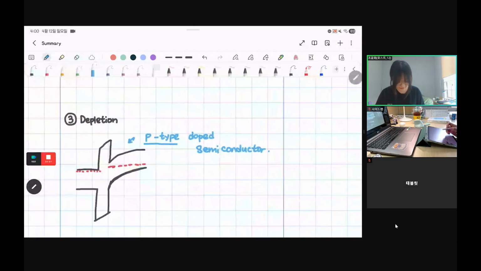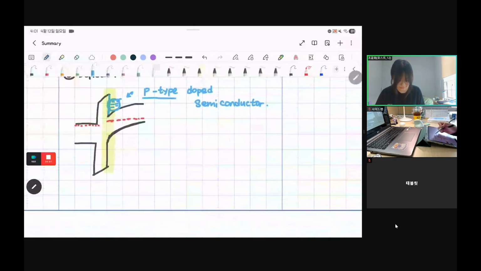So in this case, if we see this surface, the electrons are combined in this surface.